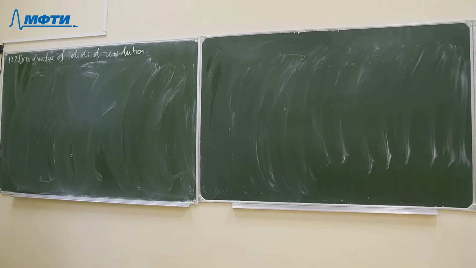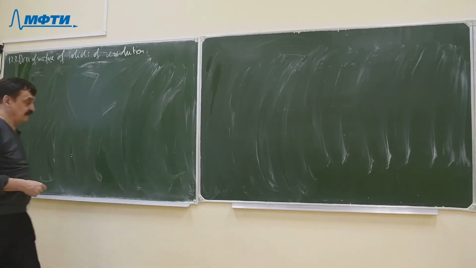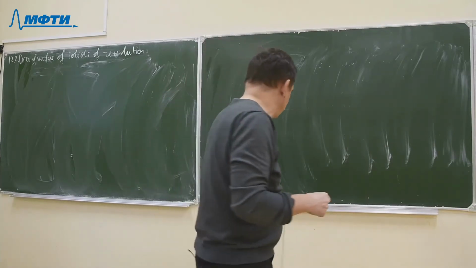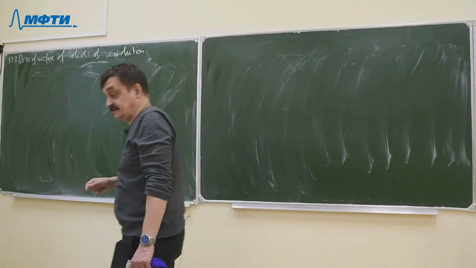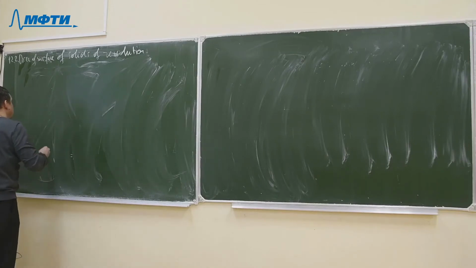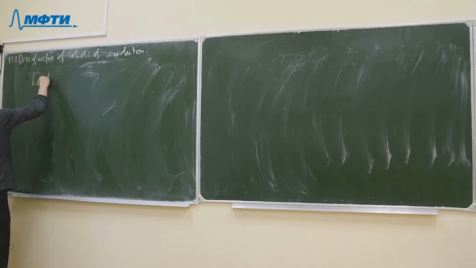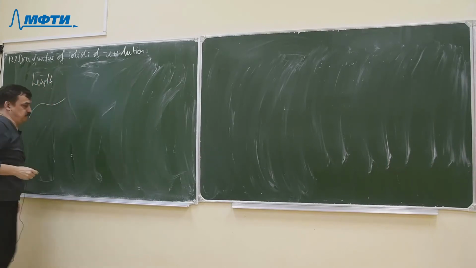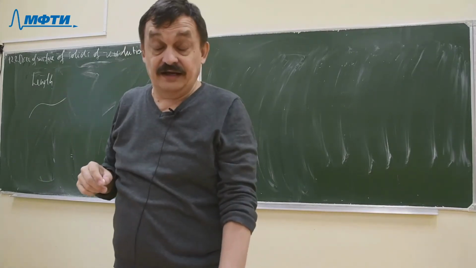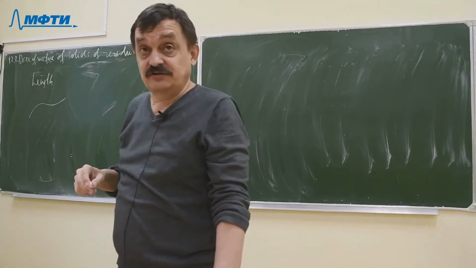So, area of surface. That is in fact essentially more complicated in general. Let me recall how we defined length. I gave you the definition.